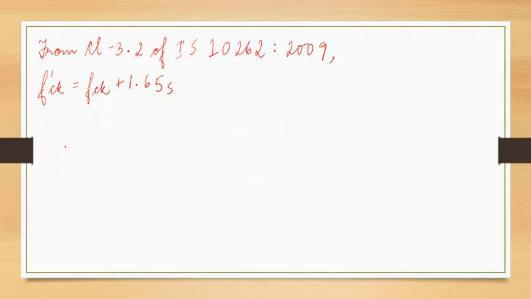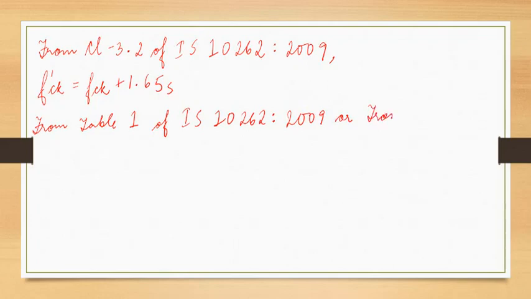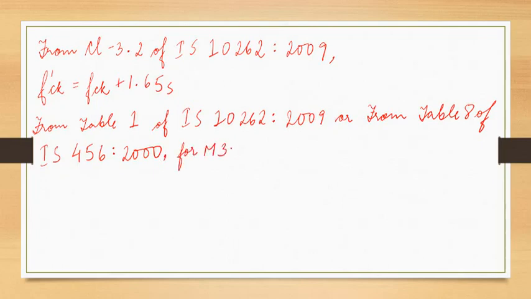So here we can write down from table 1 of IS 10262/2009 or from table 8 of IS 456/2000, for M30 we have S is equal to 5.